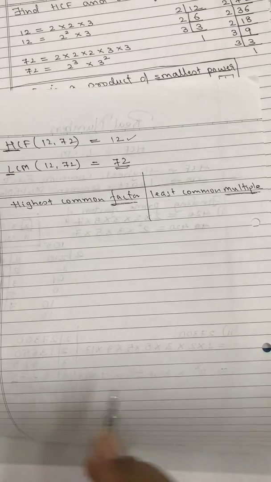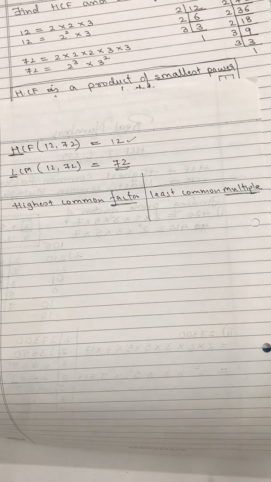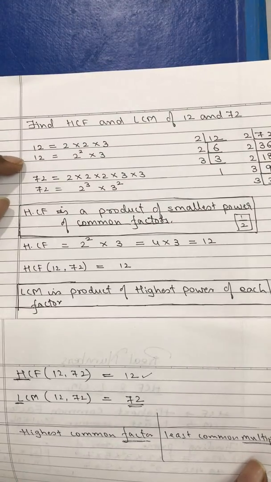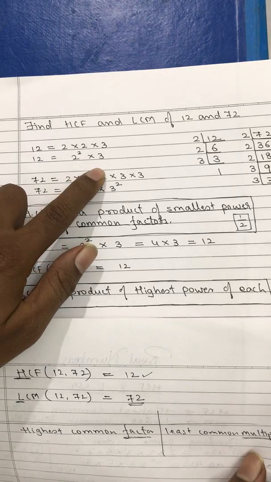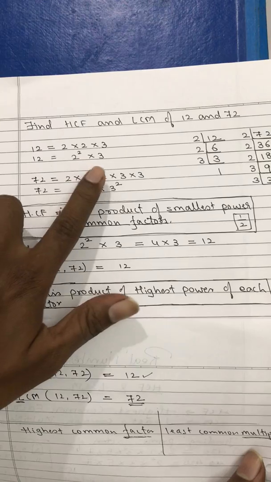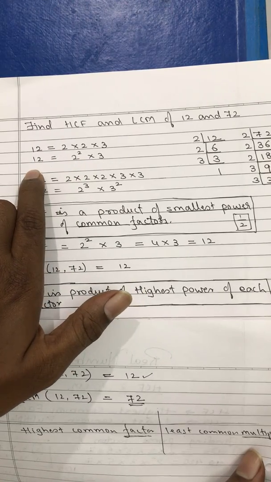What is a factor? A factor is a number which can divide any number. For example, we have 12. The factors of 12 are 2 and 3. That means 2 can completely divide 12, and 3 can completely divide 12.